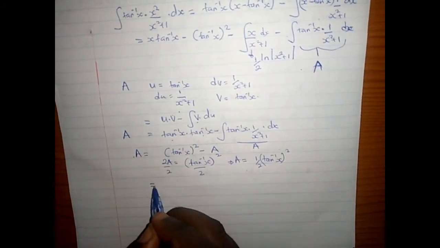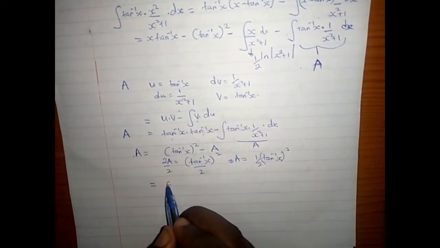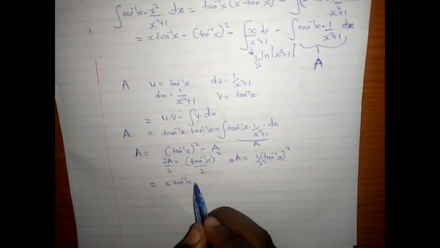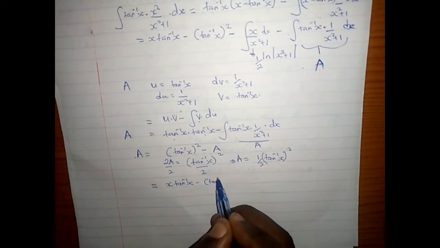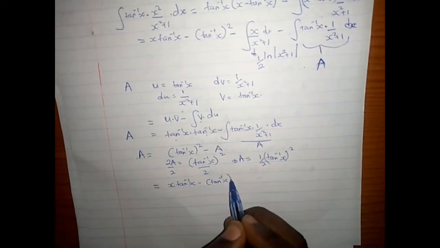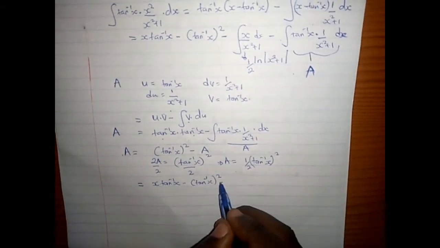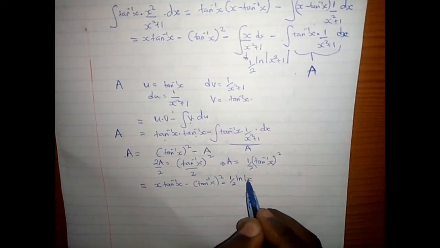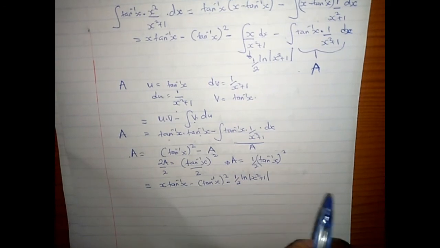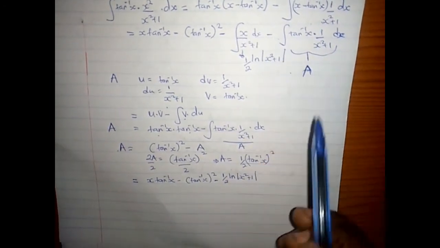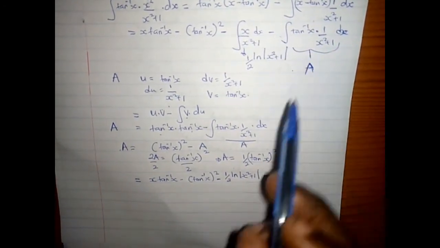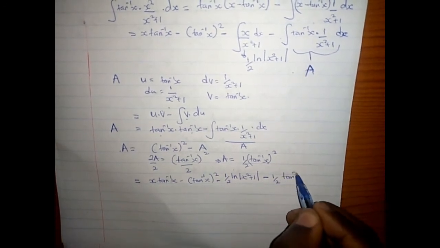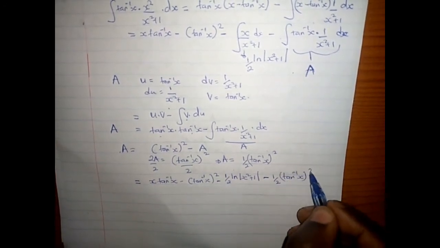So my final answer will become x tan inverse of x minus tan inverse of x squared, minus a half ln of x squared plus 1, minus my a, whereby my a is a half tan inverse of x squared.